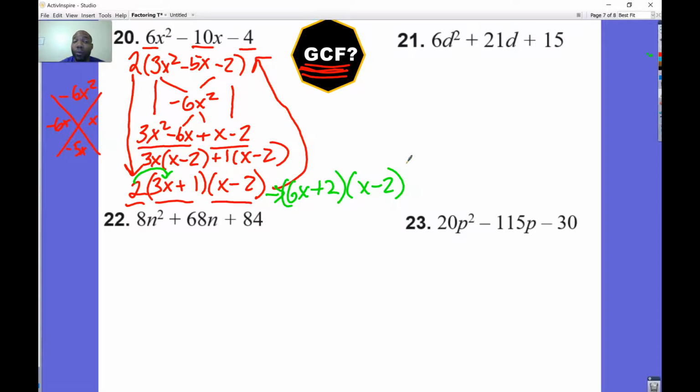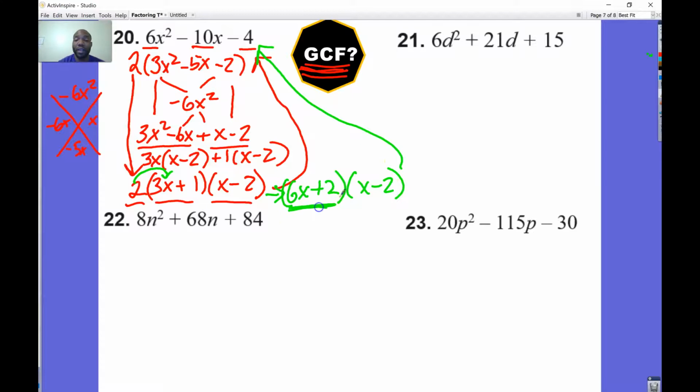That's for people that don't take out the GCF. When people don't take out the GCF, this is what you end up with, which is not fully factored. These are factors that will give us this right here, but it's not fully factored.